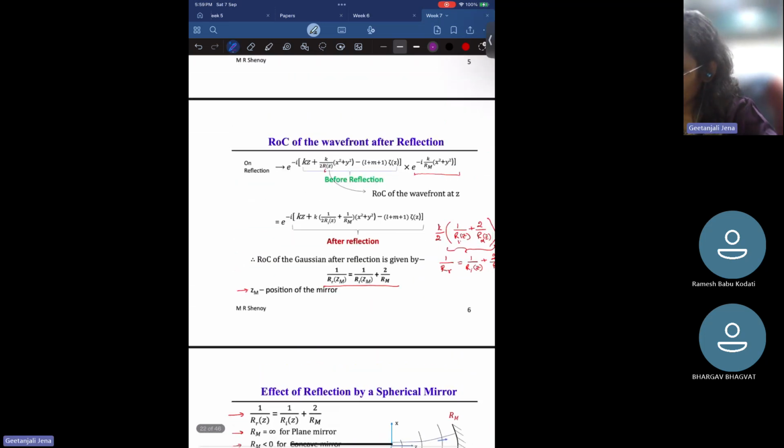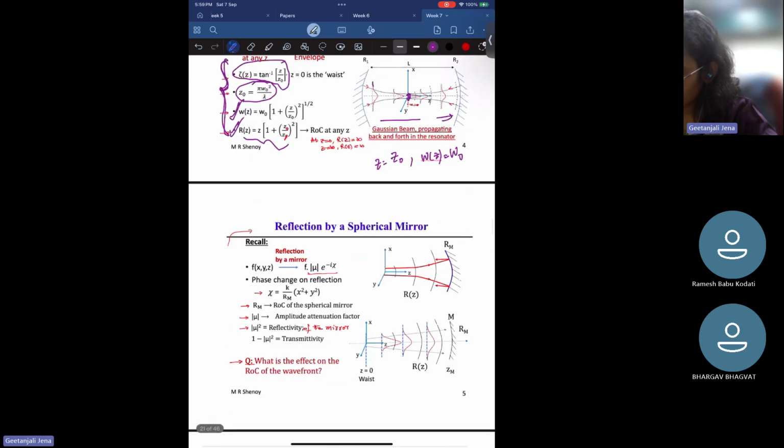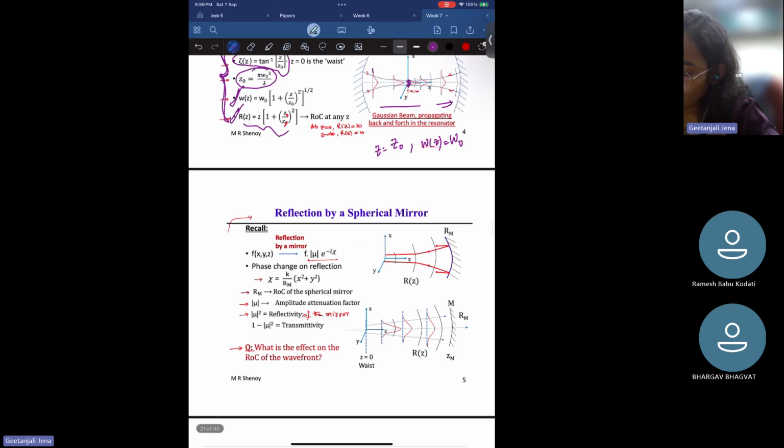So reflection, as you have seen, when the ray gets reflected, we'll see a mu factor here, a mu factor in the initial field distribution. So if you have a field, let's say the initial field is f(x,y,z), then after reflection there will be a mu factor here.